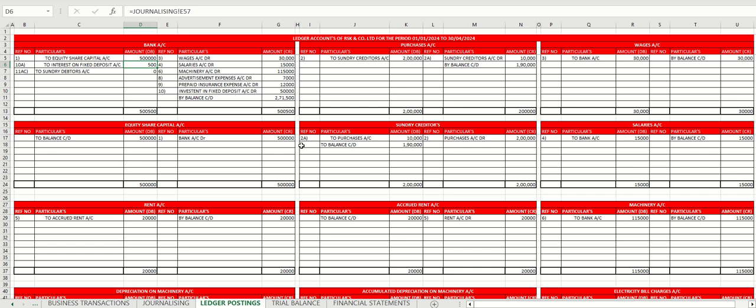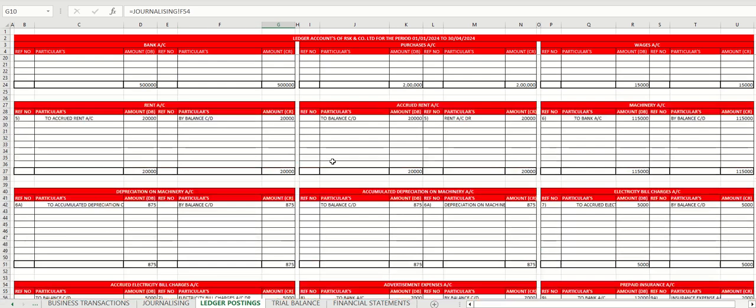Hence we are increasing the bank balance of RSK and Co. And we need to reduce 50,000 in the bank account because there is an outflow of 50,000, which is primarily the investment in fixed deposit, which I have been showing over here. Hope this is clear.